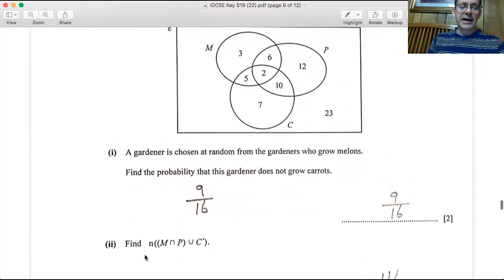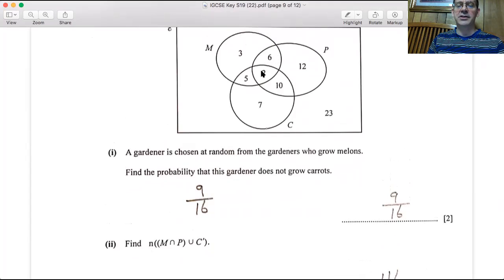Part II says find the number of M intersect P union not C. So first let's do M intersect P. M intersect P are these 2 right here, the 6 and the 2.